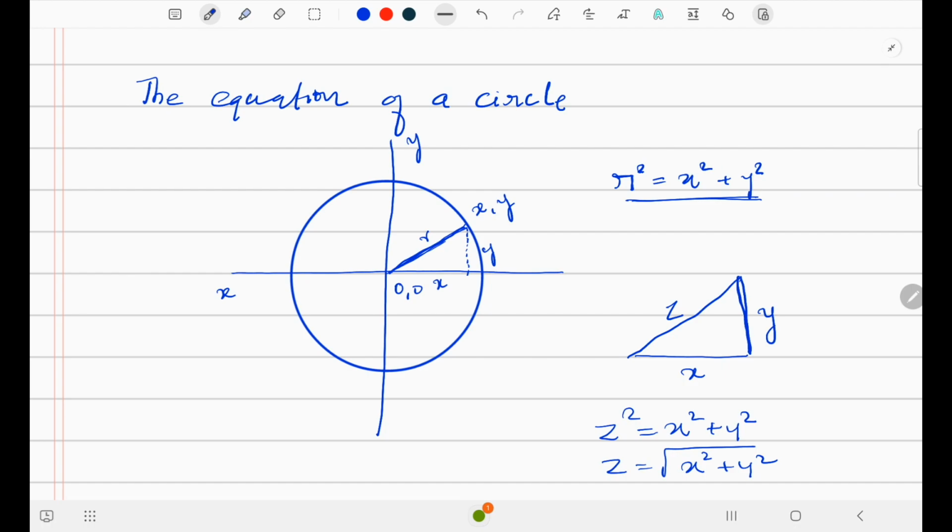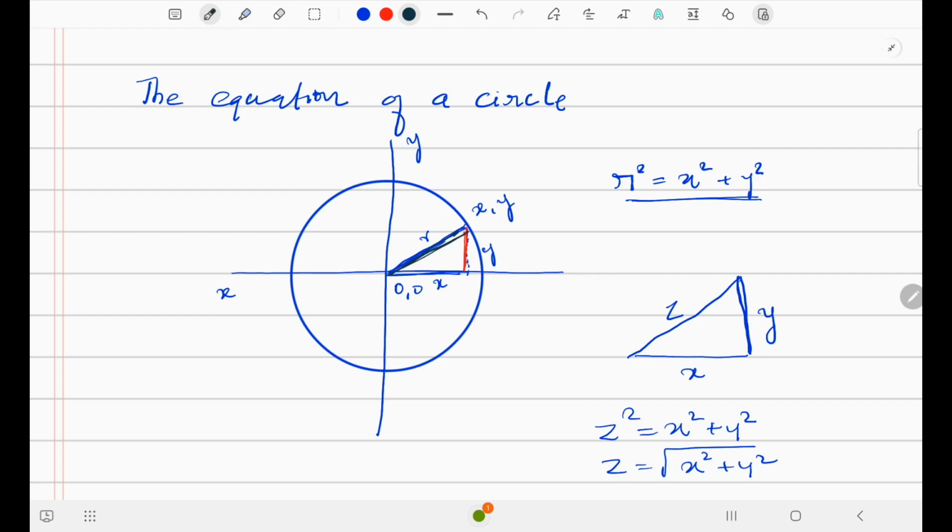Now, for any point of the circle x, y joined to the origin, the center of the circle, x determines the horizontal side, and y determines the vertical side, and the radius r is the hypotenuse.